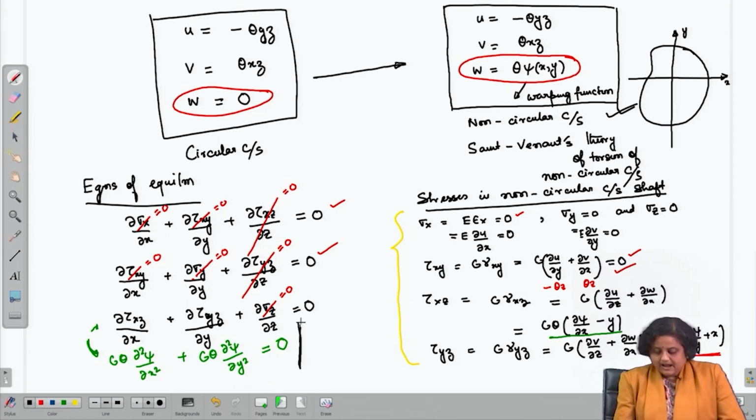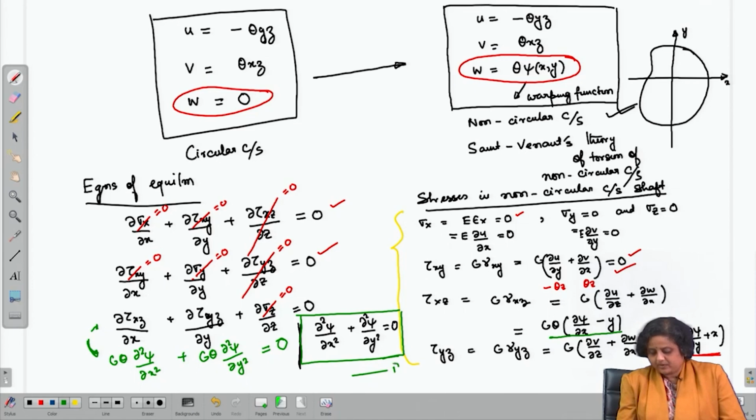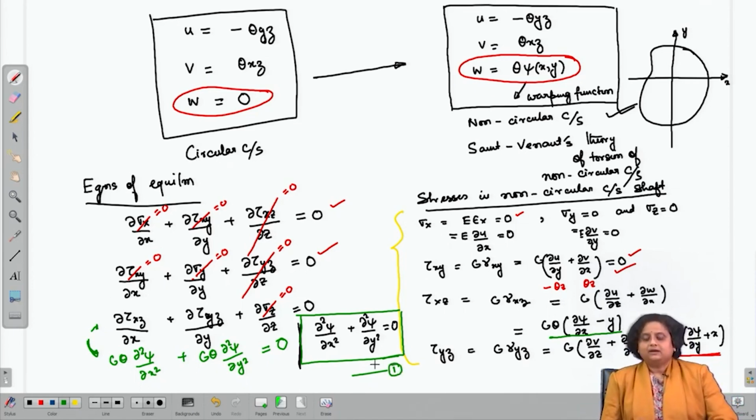So what we see is that though this displacement field proposed by Saint-Venant satisfies the first two equilibrium conditions, the third equilibrium condition will not be simply satisfied unless we choose a warping function psi in such a way that this condition is being satisfied.